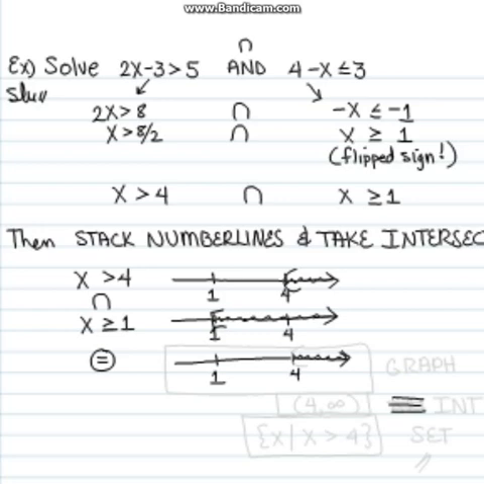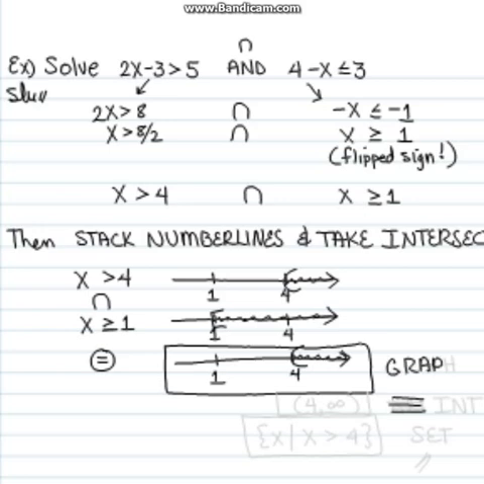It is included in the second set because the shading passes right through 4. But that's not good enough to get it into the intersection. For the intersection, it'd have to be included in both of the sets above. So what kind of bracket are we going to put on the number 4 in the intersection on the last line? A round bracket, which means we are not including the number 4, only values greater.